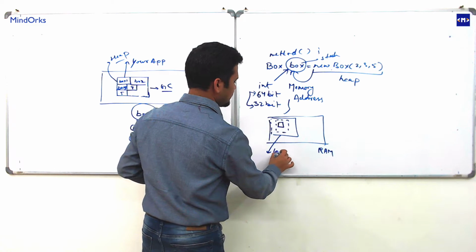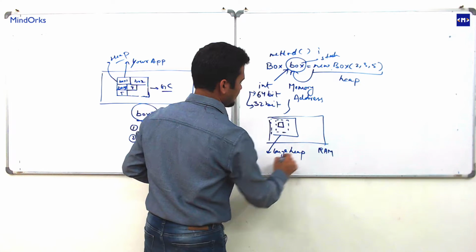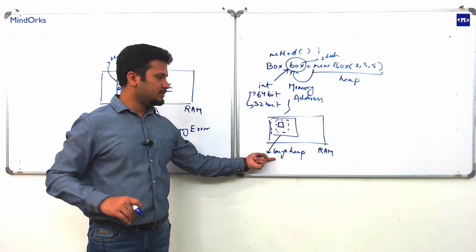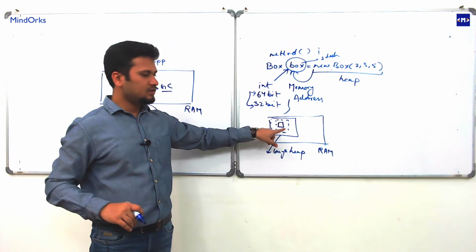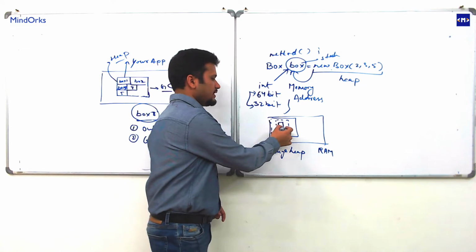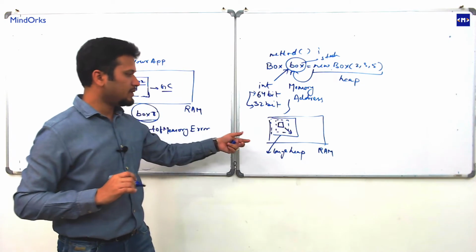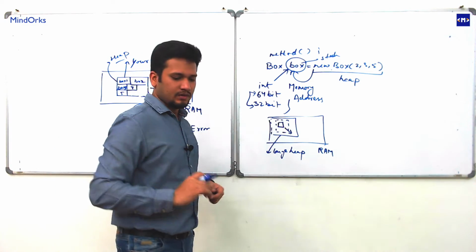The limit is the large heap. So your application grows in the memory provided by the system till a limit.